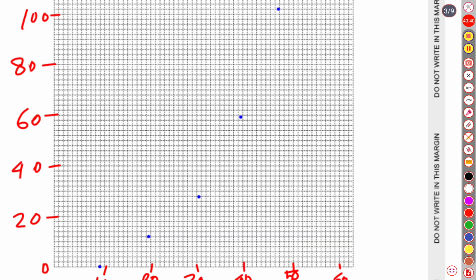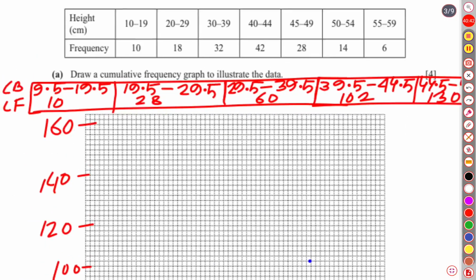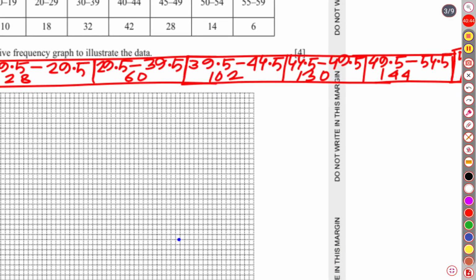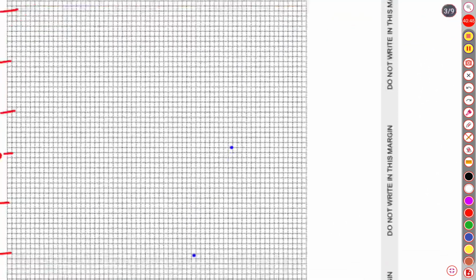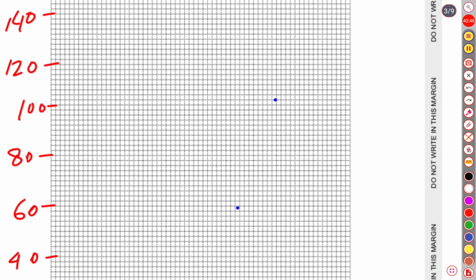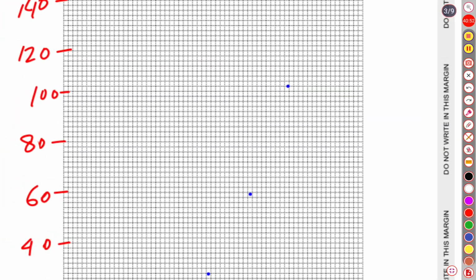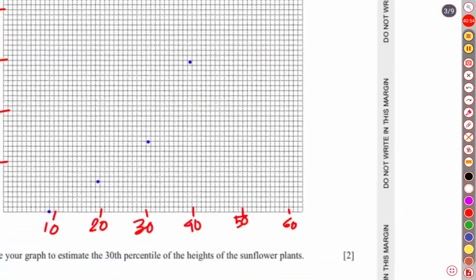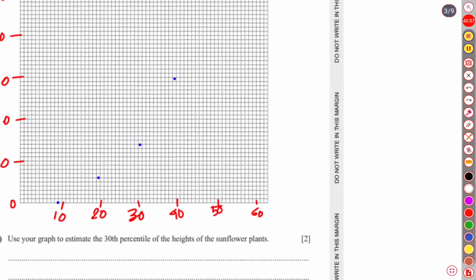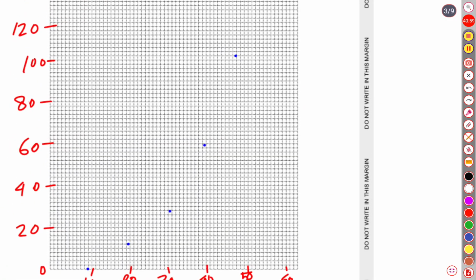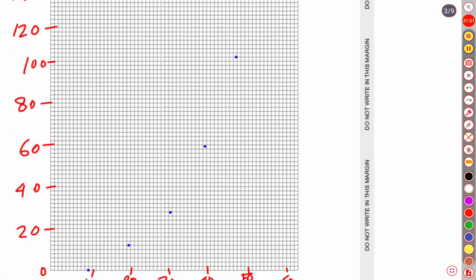After that, the next cumulative frequency is 130, and the upper bound is 49.5. So 49.5 and 130. It is 50, just 49.5, and 130. 130 will be over here and 49.5 just over here.